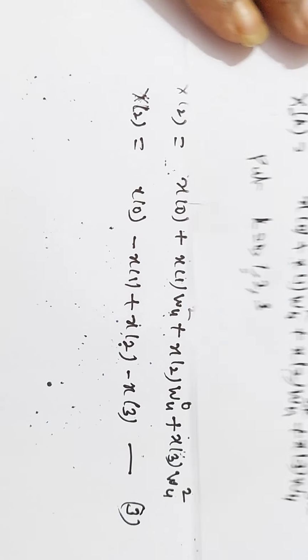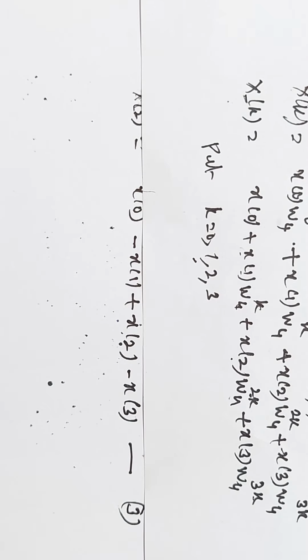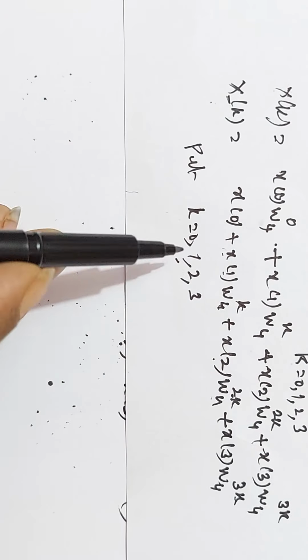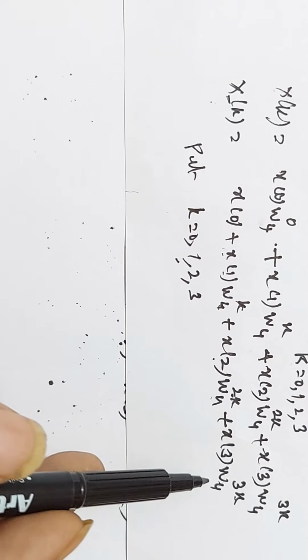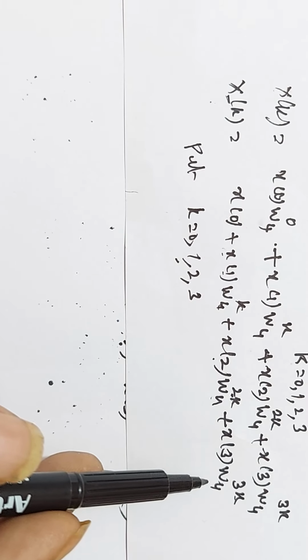Now, let us get the fourth point DFT equation. Substituting k equals 3 in this equation, you get the fourth point DFT.